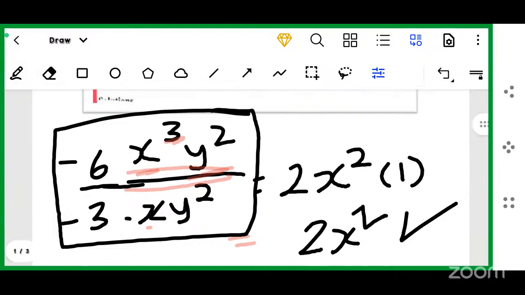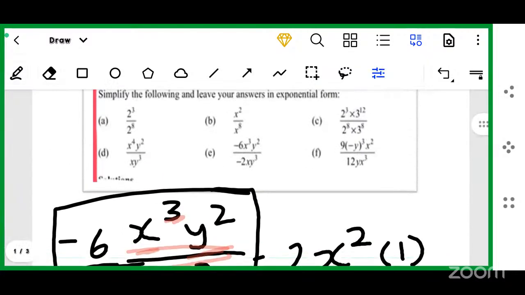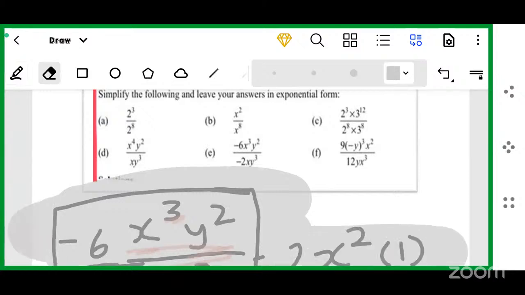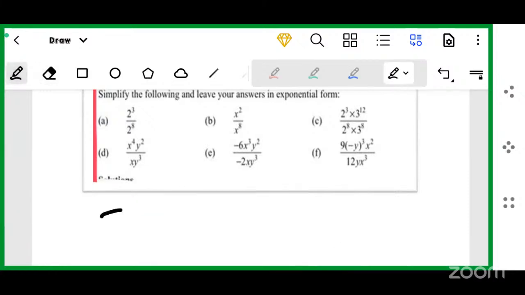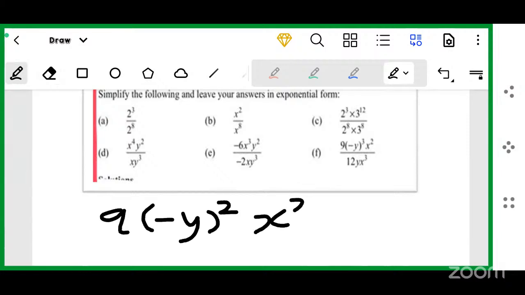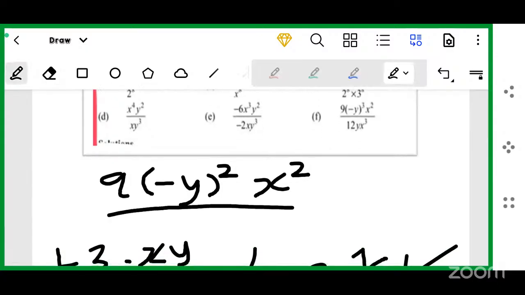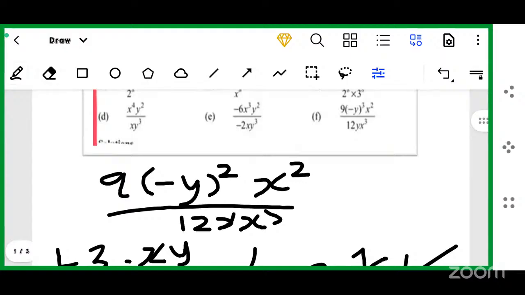So let's see the next one, number 9. Okay, let me just write this down because I think I'm going to forget. So it's 9x, open bracket, y, which is negative, inside the bracket, x to the power of 2, y, x to the power of 3. And it's not visible enough.